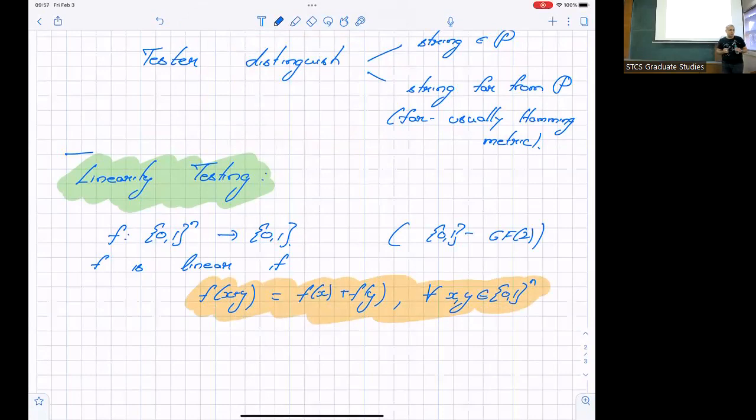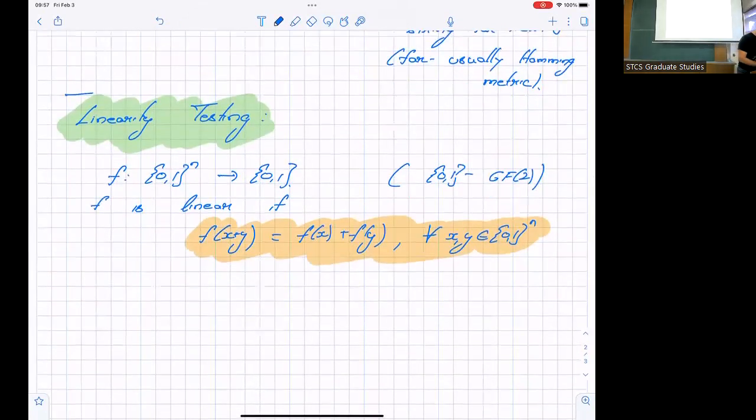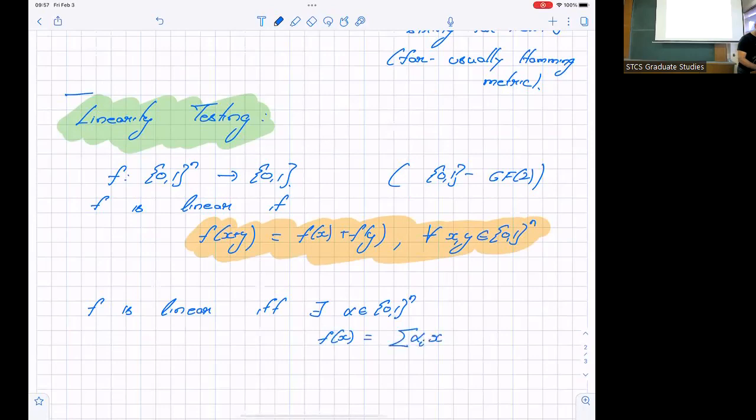This is, of course, a standard notion of linearity, and it should also be clear that f is linear if and only if there exists an alpha in {0, 1}^n such that f of x is equal to the summation of alpha i x i, for all x in {0, 1}^n.